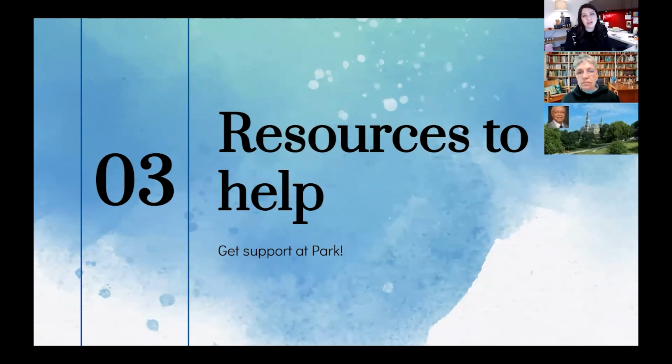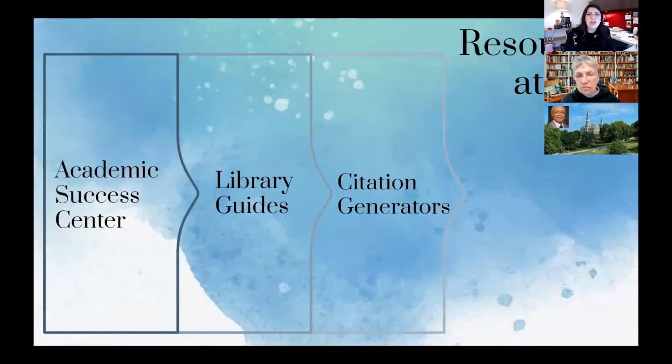So we want to make sure that we are doing our due diligence to try and find help when we need it. So the resources that we have here at Park that I really want to highlight are 3 different ones. The first is our Academic Success Center. And you guys all should have a Canvas course, actually.